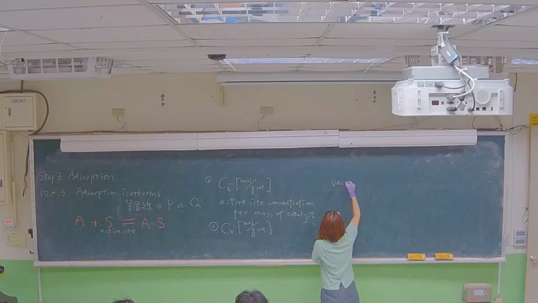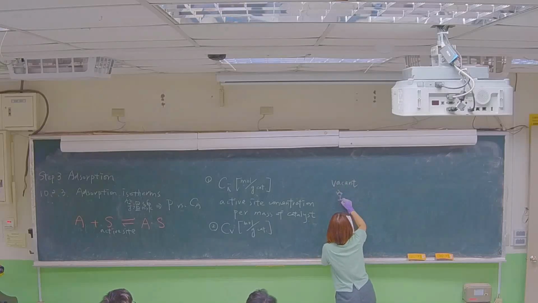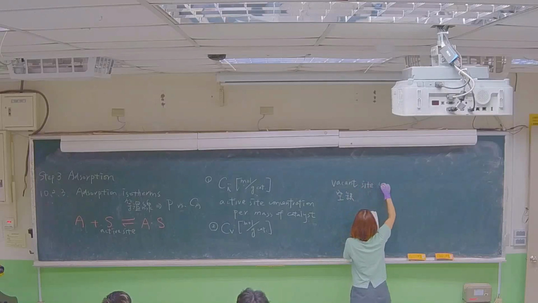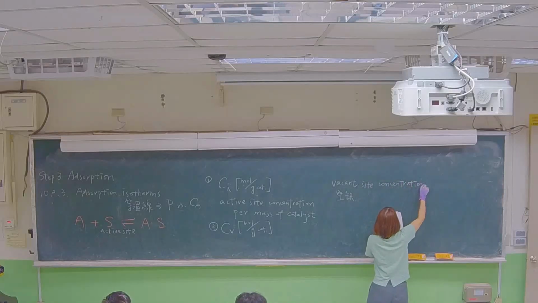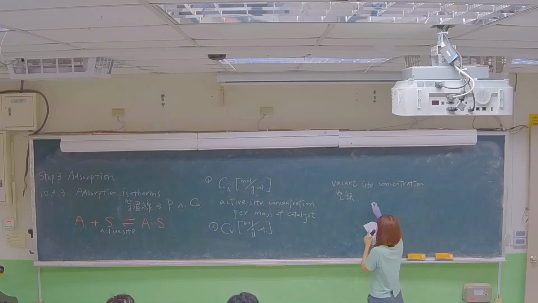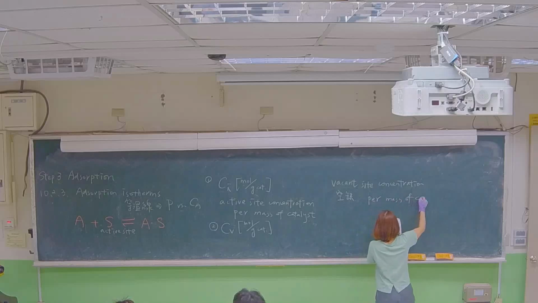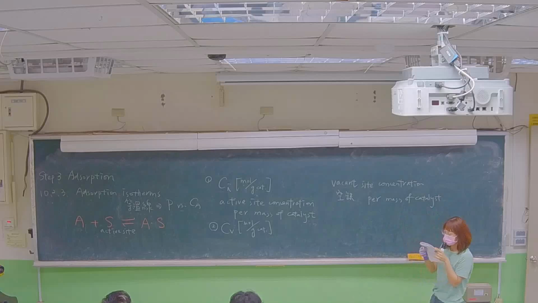You know vacant? 空缺, vacant site concentration. CV, vacant site concentration, again per mass of catalyst. Some important information I have written down here, right? I have already provided to you.